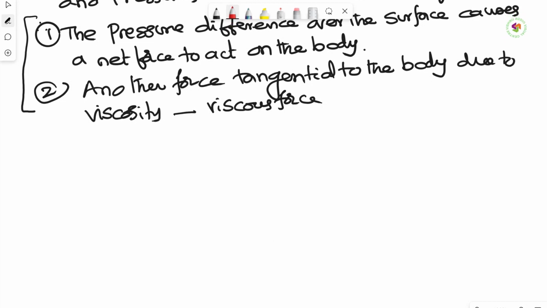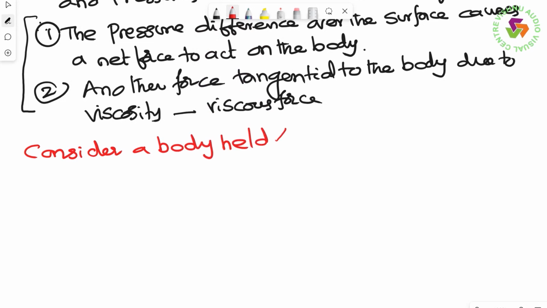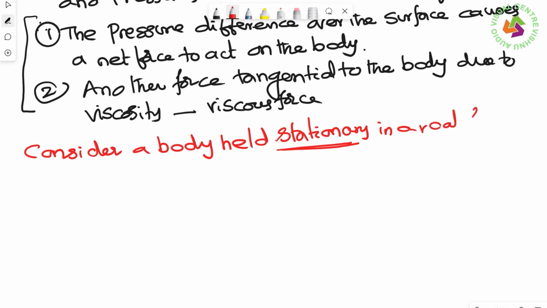For example, now consider a body held stationary. Just for explaining, the body is held stationary in a real fluid. By real, I mean the fluid has some viscosity.